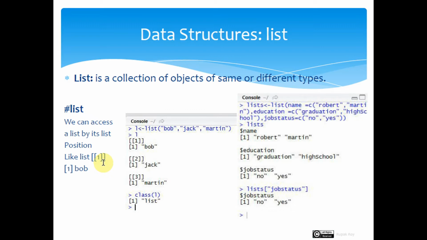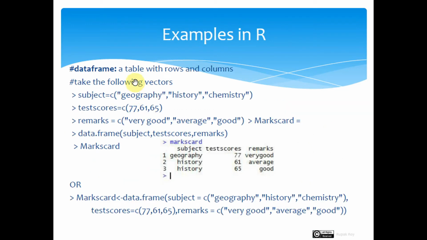Now, let me take you through a walkthrough with some R examples. A data frame, as we know, is a table of rows and columns, and to create a table, simply define the vectors inside the data frame function. The vector name will represent the column name, and the values are the column values.